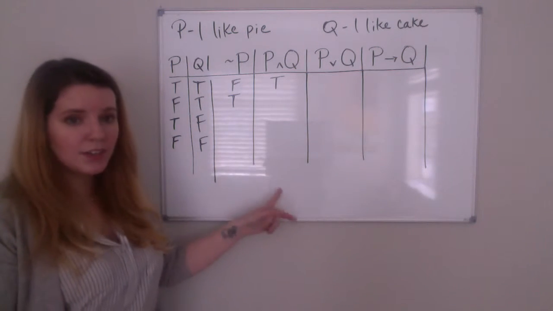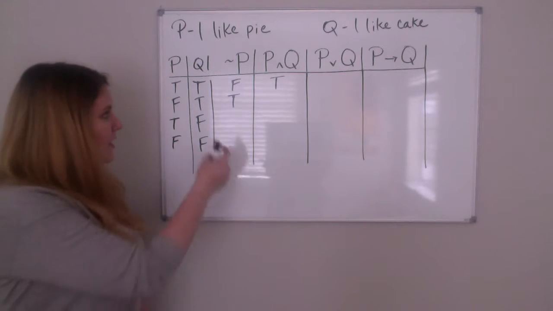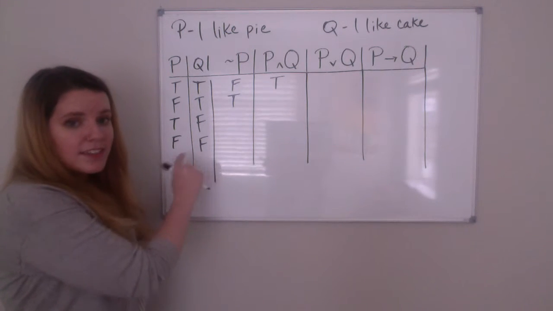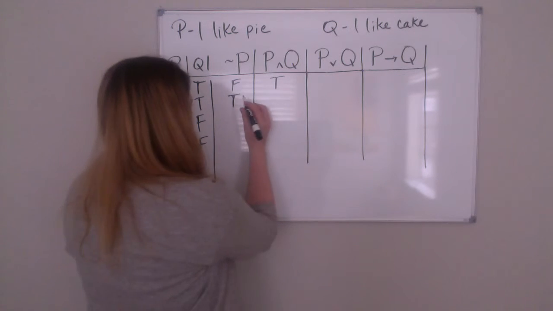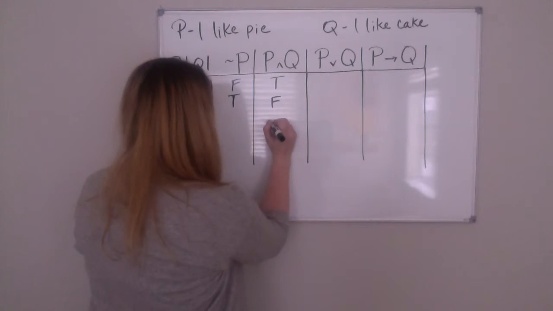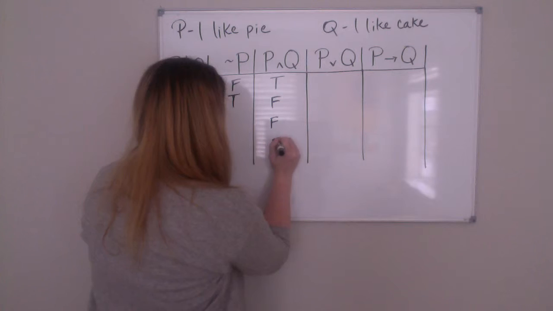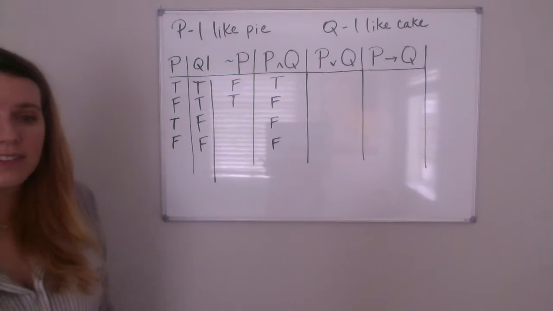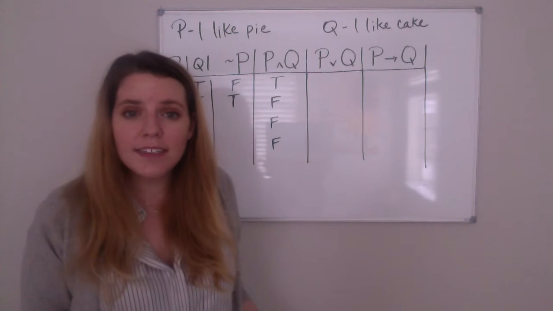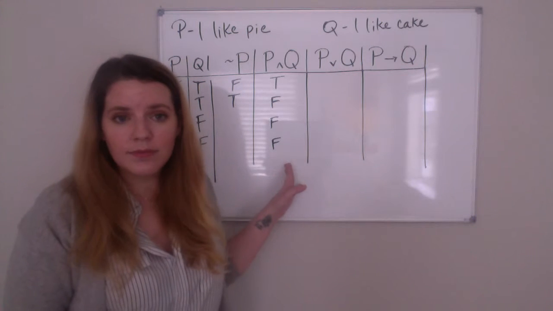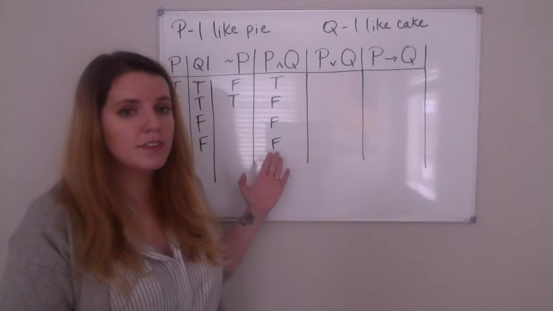So what about the other rows? They're all false because at least one conjunct is false. We know that the rest of our rows are false, and this is our truth table for a simple conjunction claim.